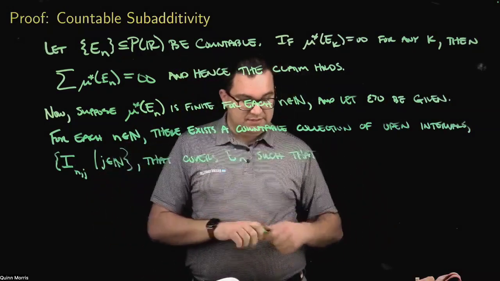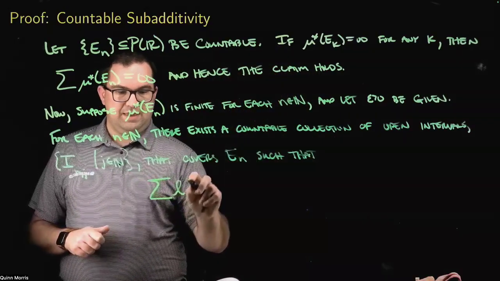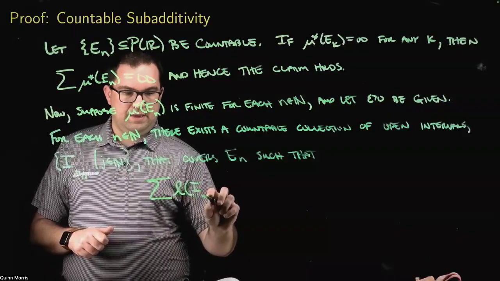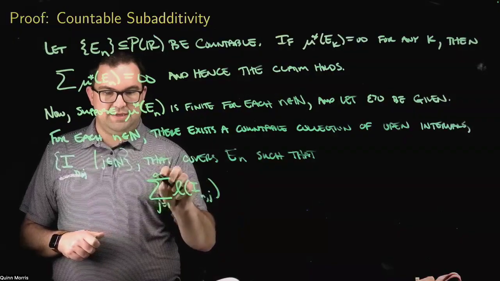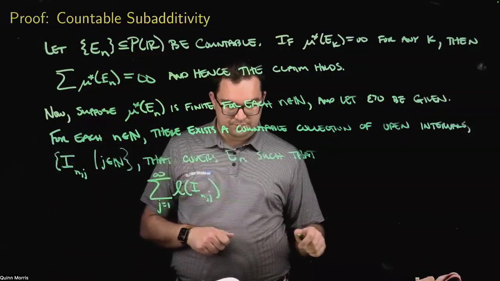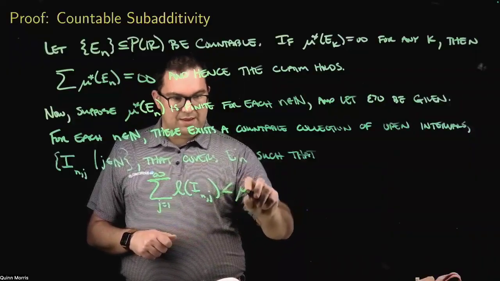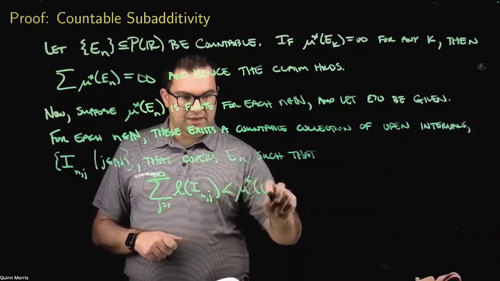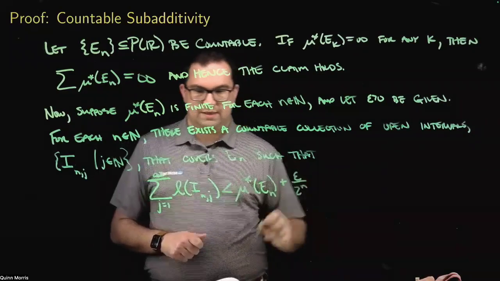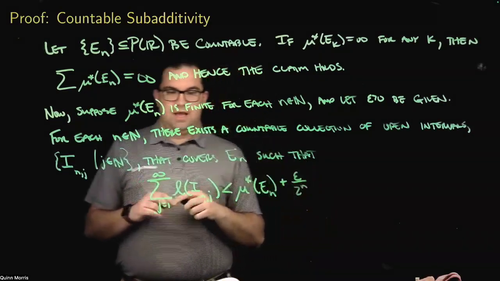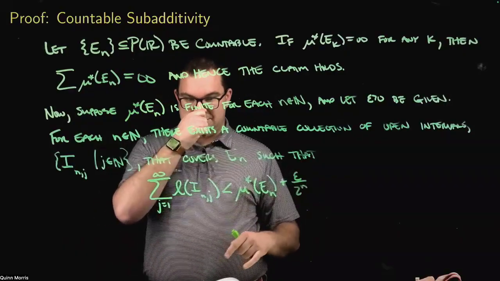So I'm going to choose these so that the sum of the lengths of the I_{n,j}'s, if I add them up over all j's, from j equals 1 to infinity, is less than mu star of E_n plus epsilon over 2 to the n. The idea is I ought to be able to get the sum of these lengths as close as I would like to this.